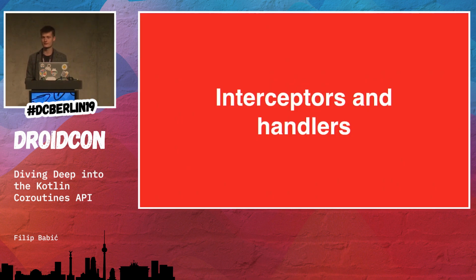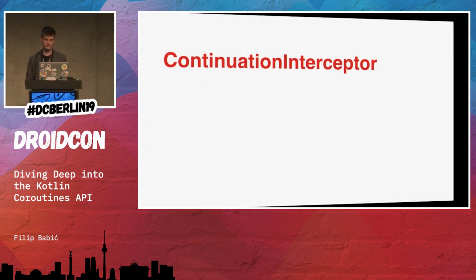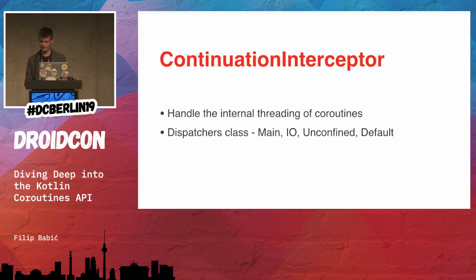So about the interceptors and handlers, you can think of those interceptors as a means to communicate between threads. So when you start a coroutine, it starts in a different thread. That's cool. But when you want to return a result, you have to intercept the result and return it to a different thread. That's done through these Dispatchers class instances.